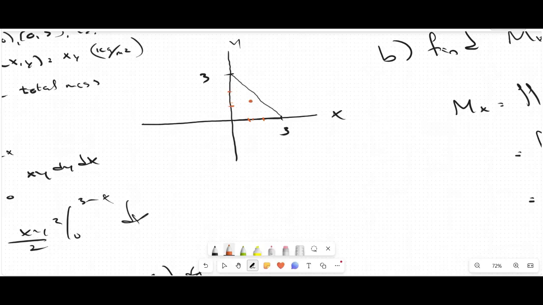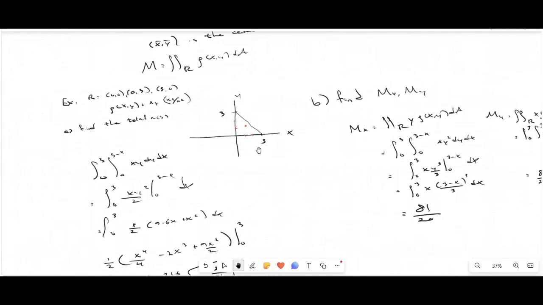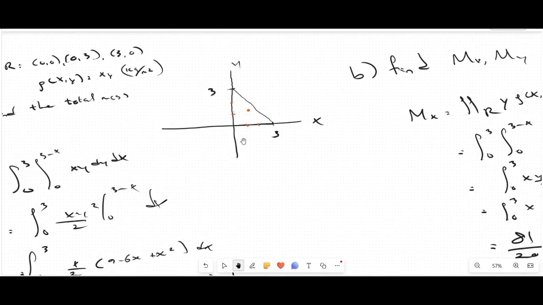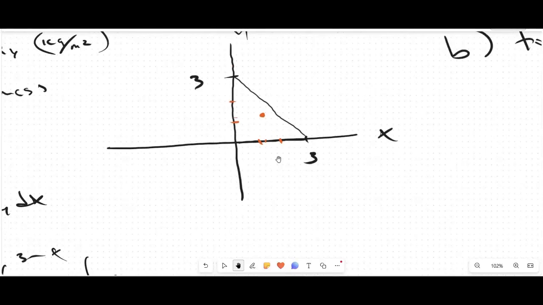Let me just ask you real quick: does that look to your eye like the center in some sense of that triangle? We did all this work to find these coordinates, and that does not look to me like the center of this object. I wonder if you can explain why that's true.